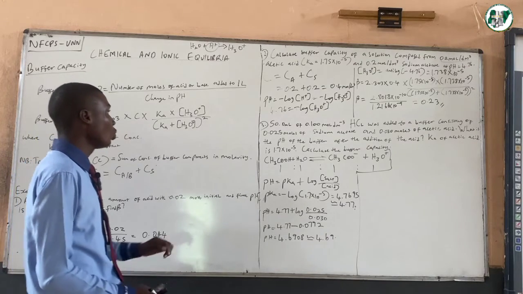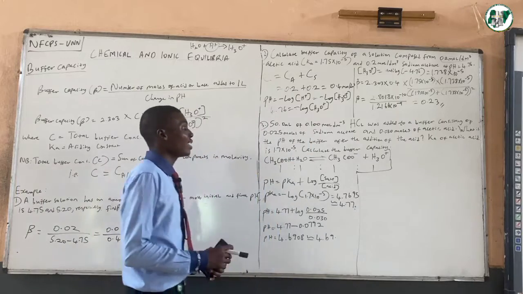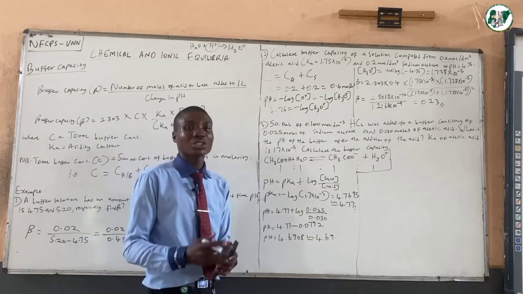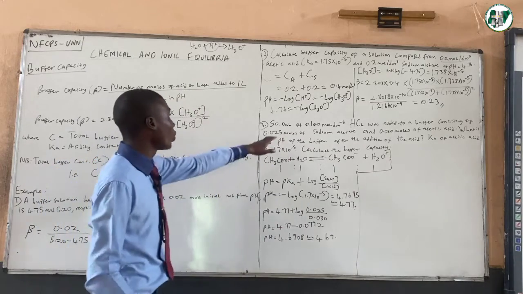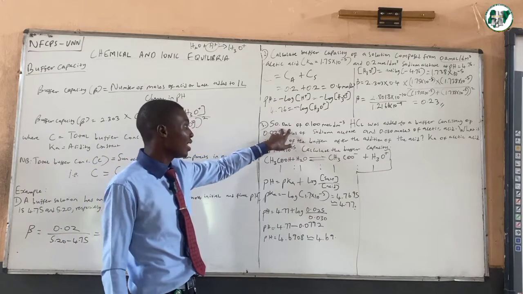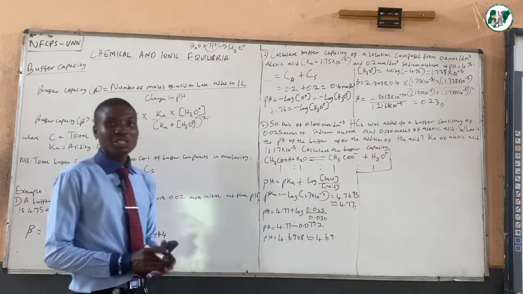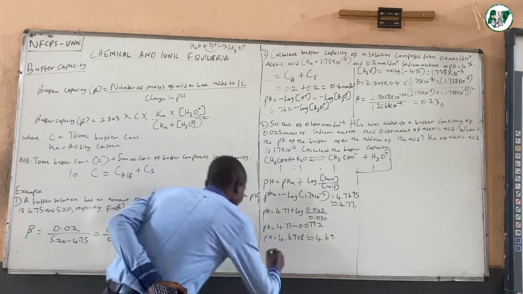Now, the next thing we have to know is about the acid. The acid that was added, we needed to know how many moles of HCl was actually added to cause whatever change occurred here. We were told that 50 ml of 0.1 mole per dm cube HCl was responsible for that conversion. So let me give you a formula that you need to remember here.